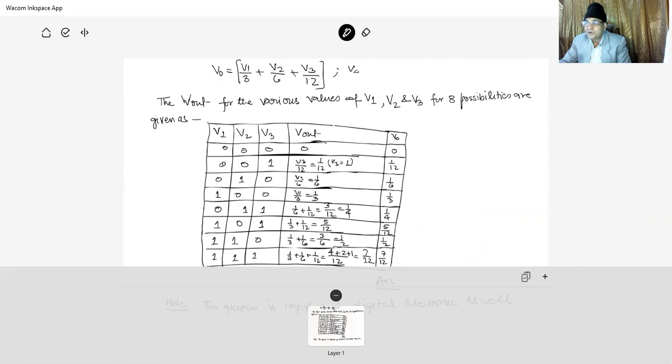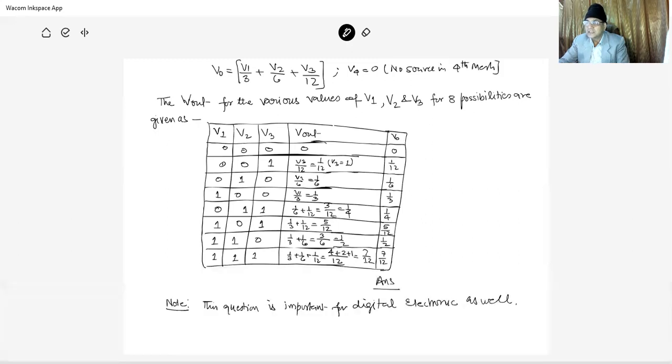And what about V4? V4 is equal to 0 because there is no source in the fourth mesh. So there are no terms for V4. After solving the cofactor of the matrix, we find this kind of output.